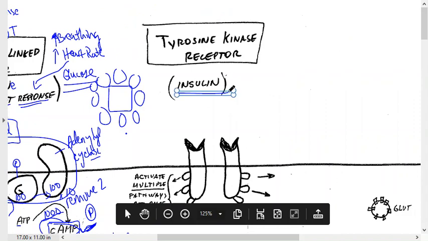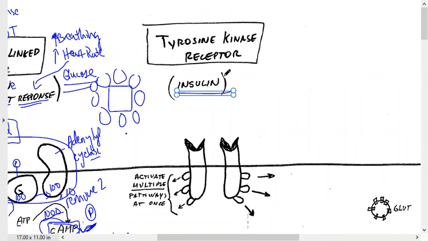Let's review what insulin is really quick. Remember that insulin is a molecule that is made in the pancreas, and this molecule is going to be released into the bloodstream, so we'll say that insulin is from the pancreas.